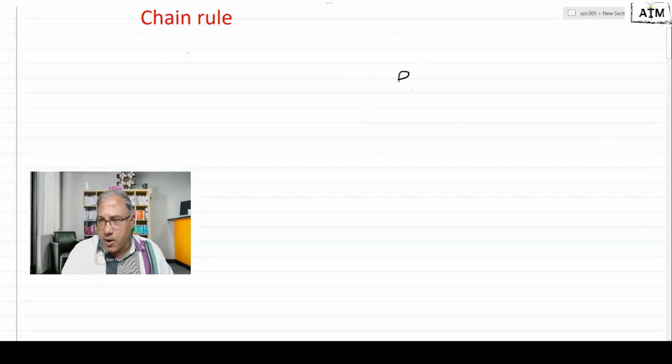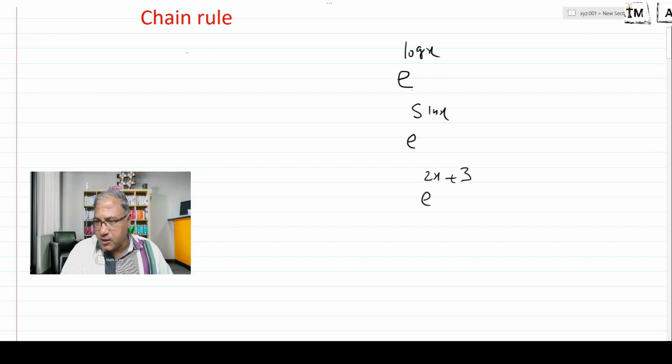In the next type of problem, I am going to do problems like e raised to log x, e raised to sin x, e raised to 2x plus 3, or e raised to root x. So everything e raised to. These are called exponential functions.